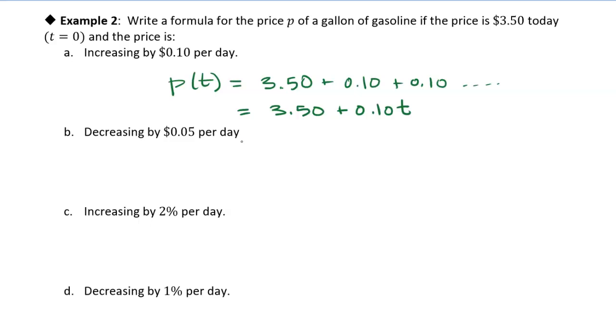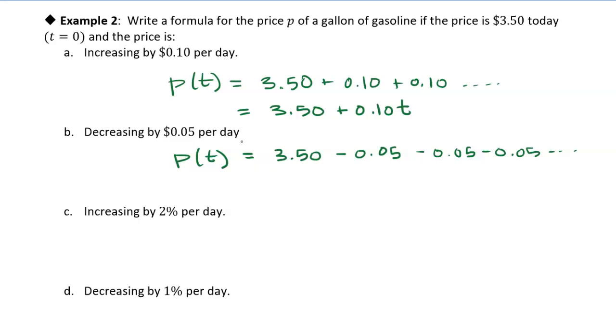All right. Now, what if it's decreasing? What if it's decreasing by 5 cents a day? So now the price is going down. The price today is $3.50, and we're subtracting 5 cents, $0.05, and we're subtracting it again, 0.05 minus 0.05, and so on, for however many days out we want to go.